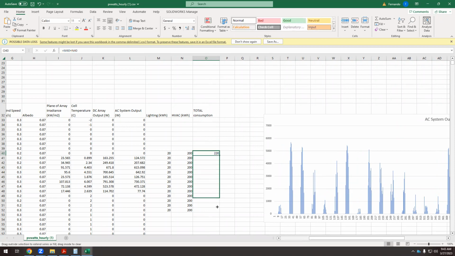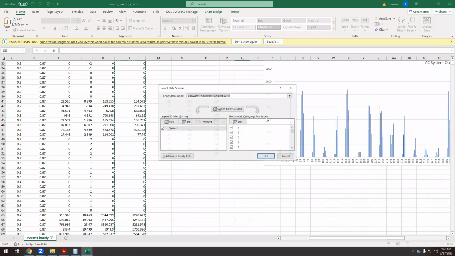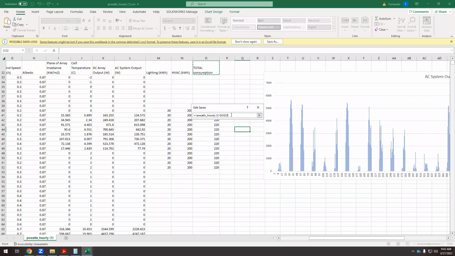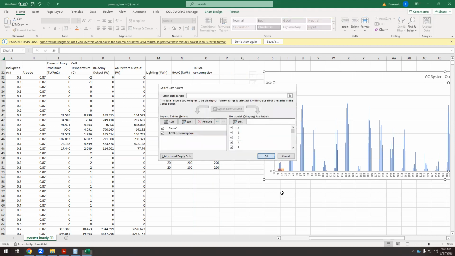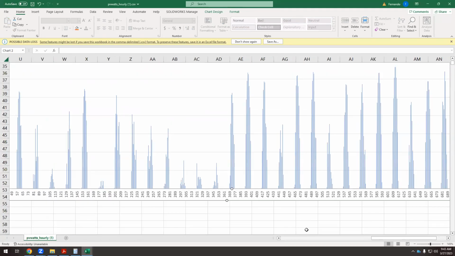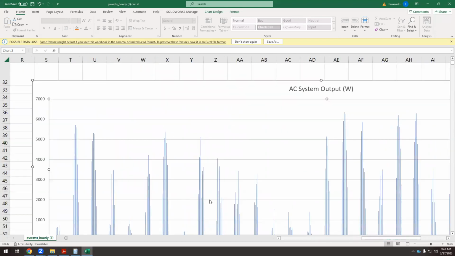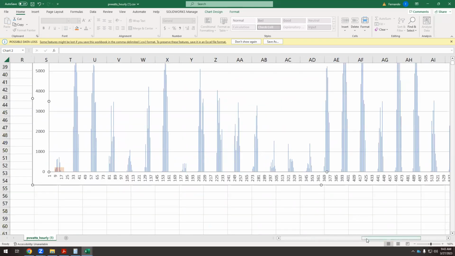And then I move it down. And now I can add this, select data. I can add this total consumption. Then I can add 1 day. So this gives me a better analysis of what I did.